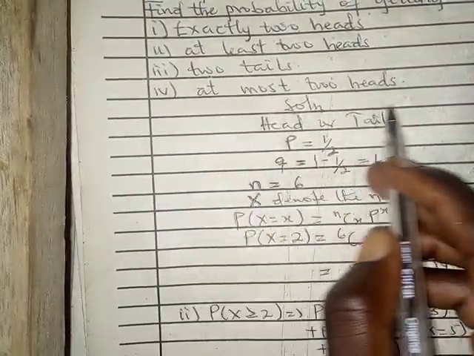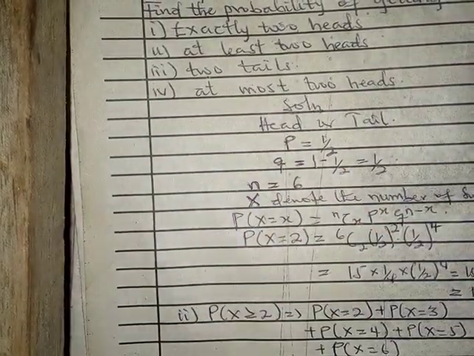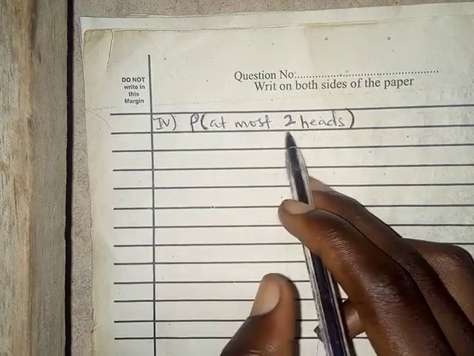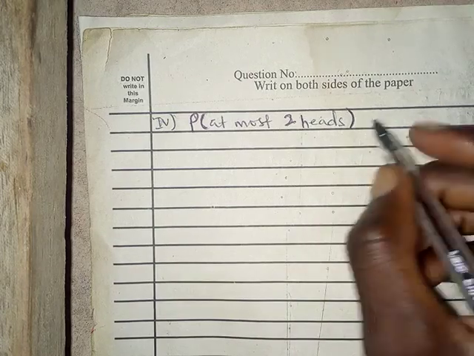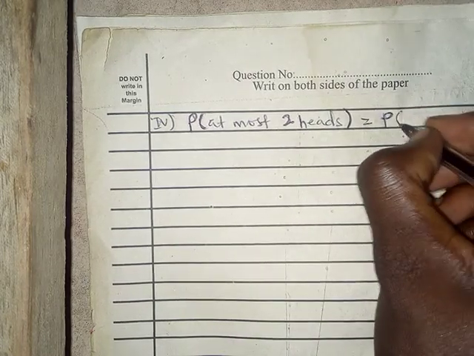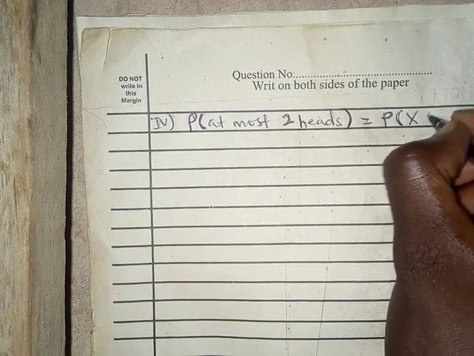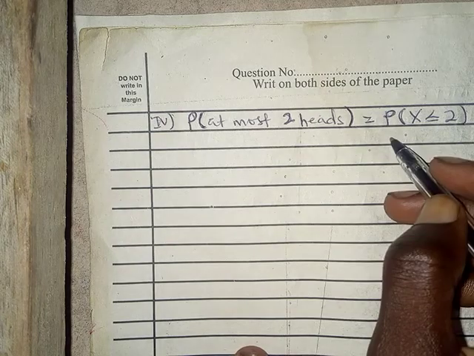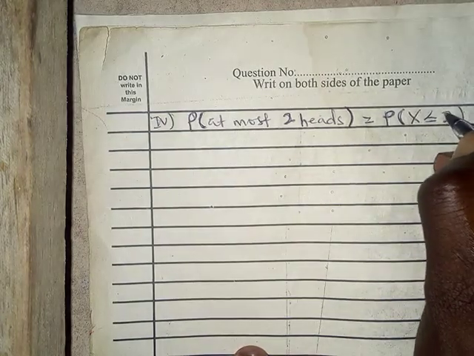So let's move on to the last aspect, at most 2 heads. So we have the probability of at most 2 heads. And this at most 2 heads is defined as what? P of X less than or equal to 2. That means we have less than or equal to 2.